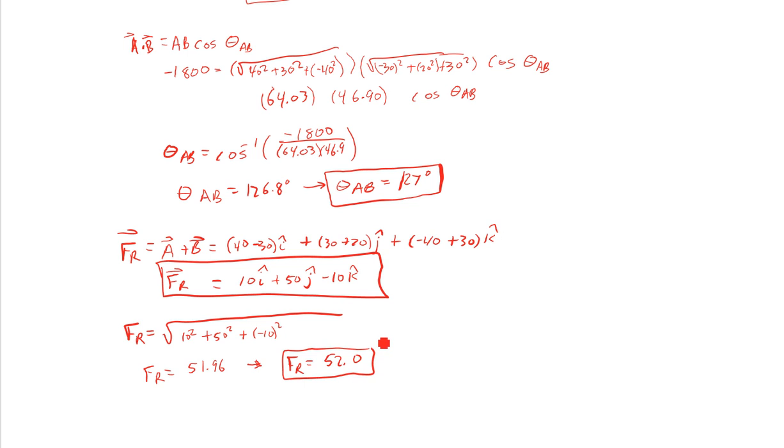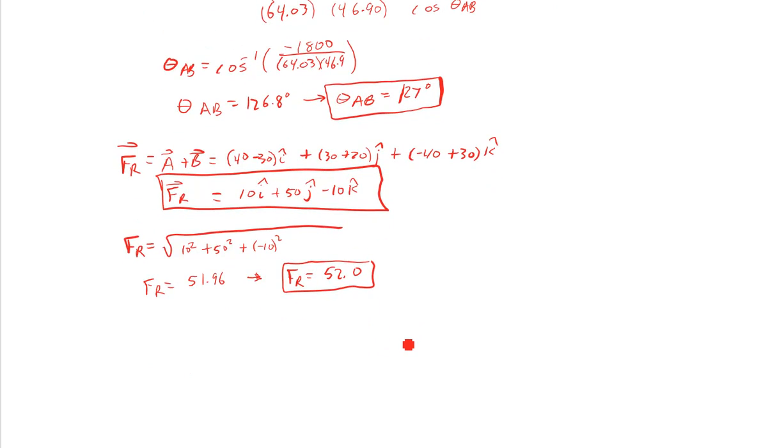Alright, then finally, if we had a little extra time, we could find the coordinate direction angles. Alpha is the arc cosine of our i component over our magnitude, 10 over 51.96. Beta is the arc cosine of our j component over our magnitude, so 50 over 51.96.